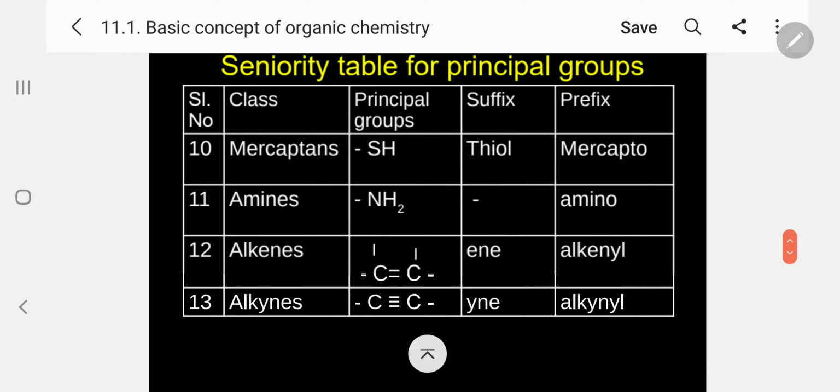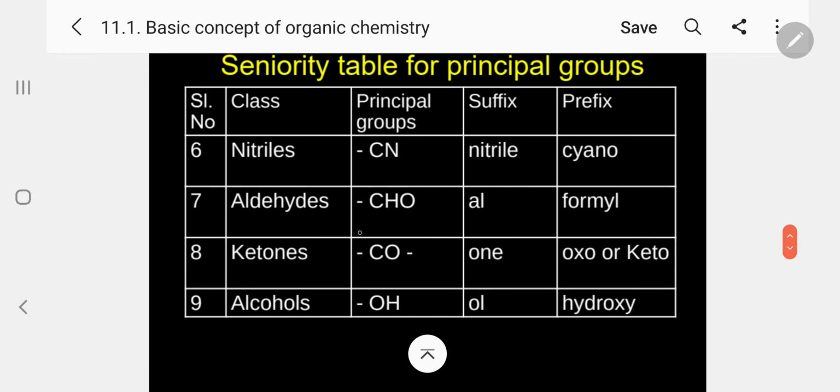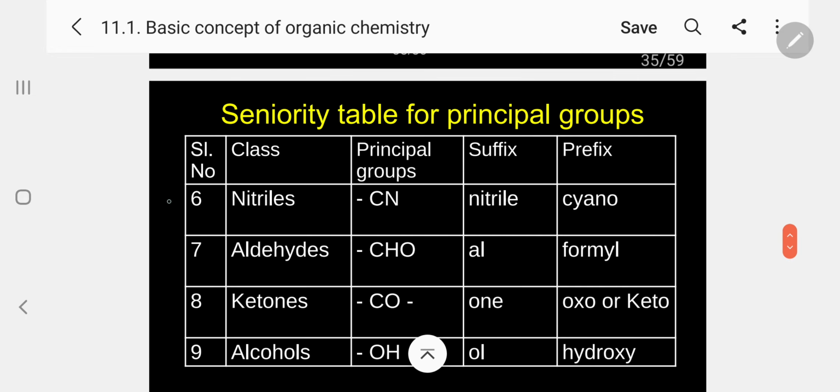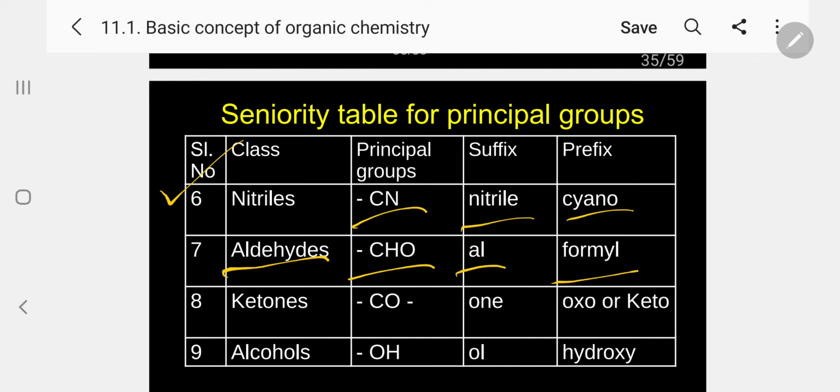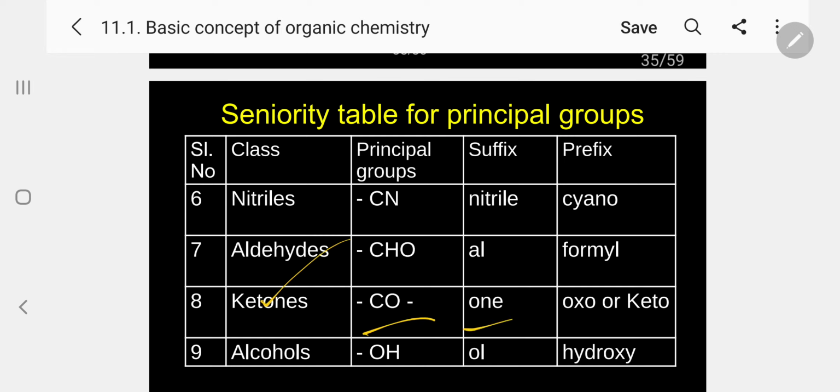So I am giving, from the 6th onwards: 6, nitriles, group CN, suffix nitrile, prefix cyano. Aldehydes, CHO, suffix AL, prefix formyl. And ketones, CO, suffix ONE, prefix oxo or keto.